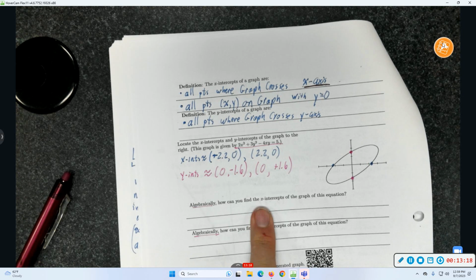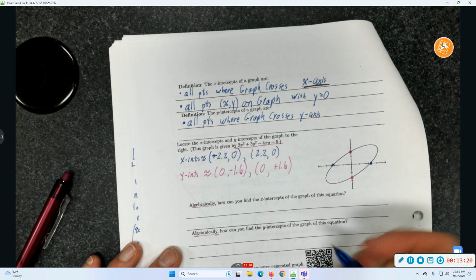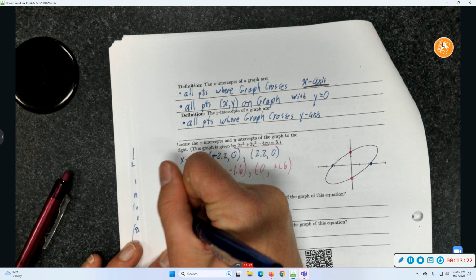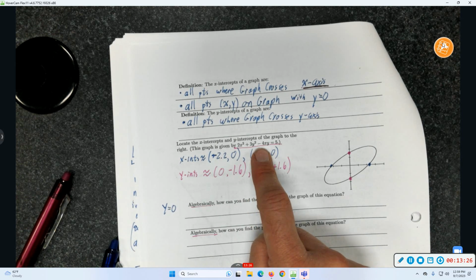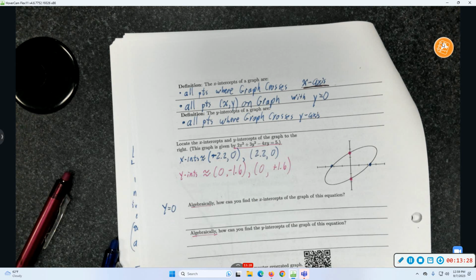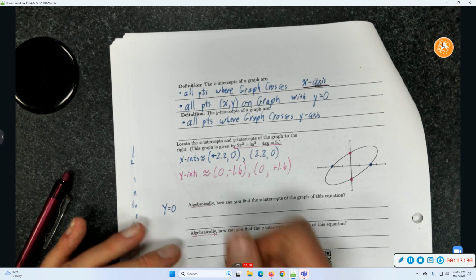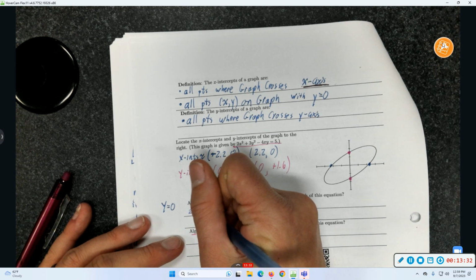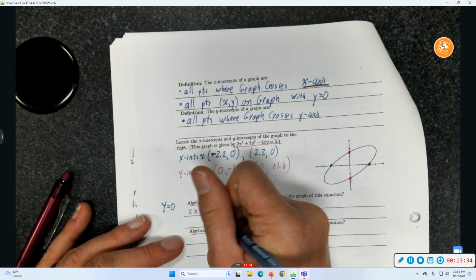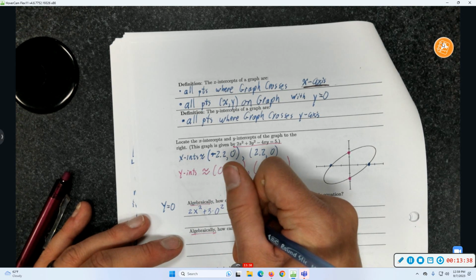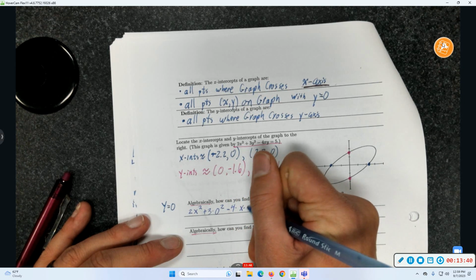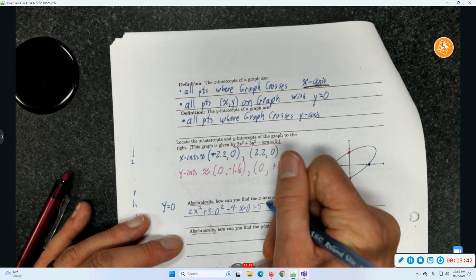So if you want to find the x-intercepts, plug in y equals 0. And if you have an equation for this graph, well, you can plug in y equals 0 and see what happens. This equation will become 2x squared plus 3 times 0 squared minus 4 times x times 0 equals 5.